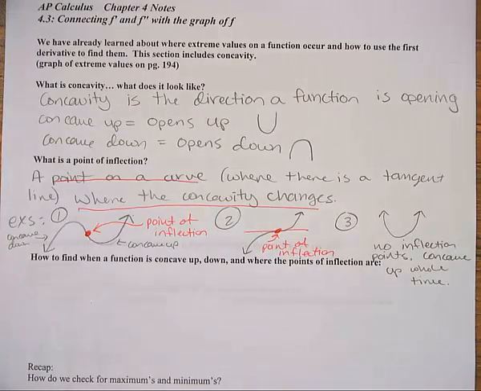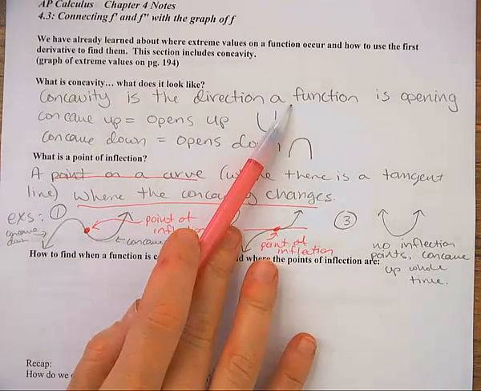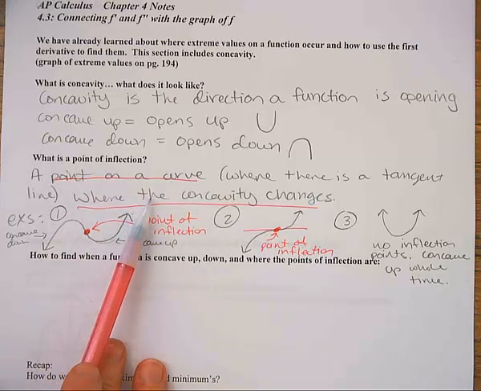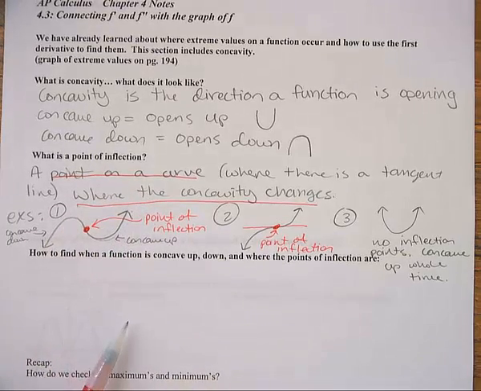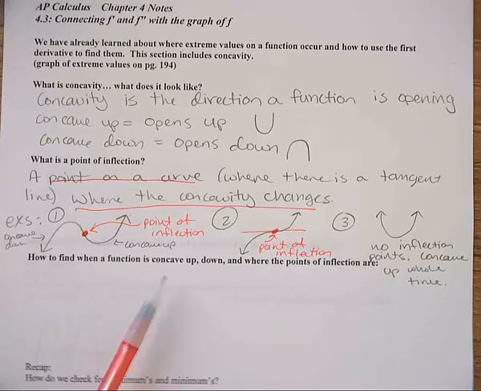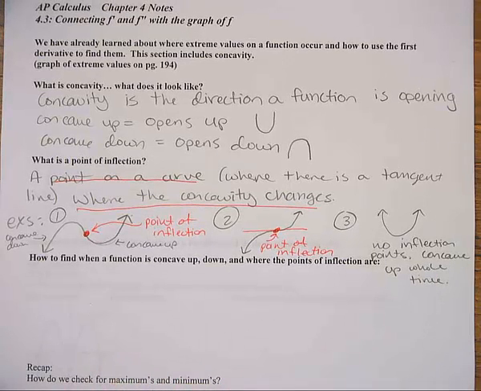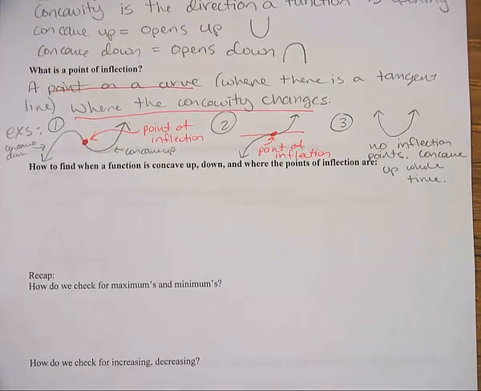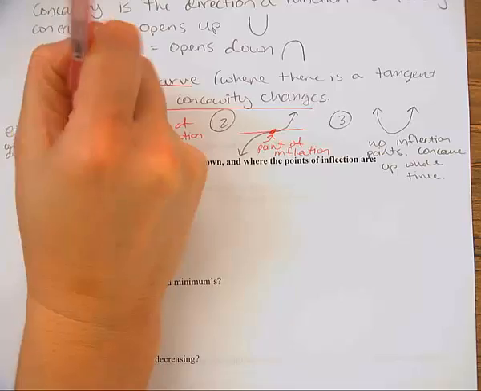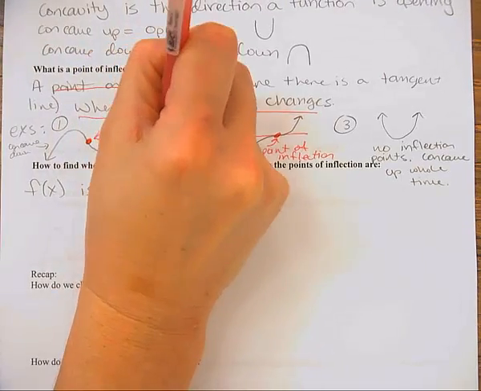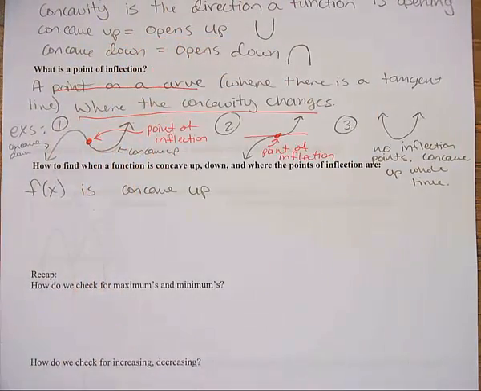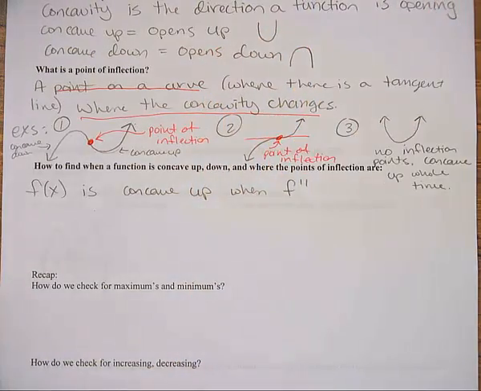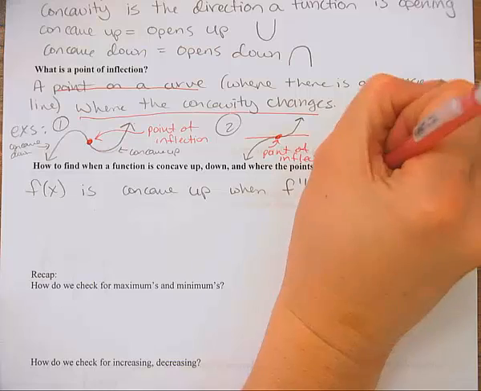All right, so we know what concavity is. It's the direction a function's opening. We know what a point of inflection is. That's where the concavity changes. Now we want to see how to find when a function is concave up, down, and then where the points of inflection are. So what we need to know here is that f of x is concave up when the second derivative is positive.